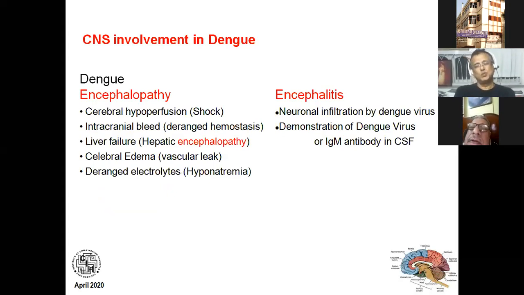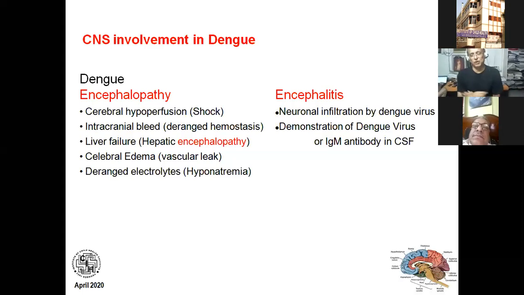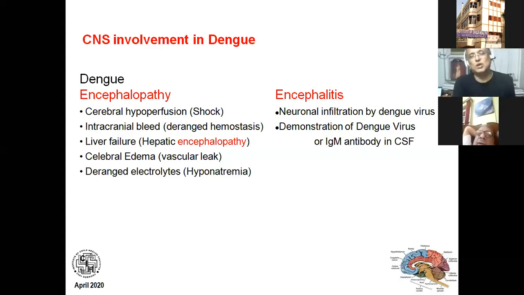There are numerous causes: cerebral hypoperfusion; because of deranged hemostasis, there can be intracranial bleed; dengue involves the liver, so there is a high chance of hepatic encephalopathy; the capillary leak causes cerebral edema; and finally, to ice the cake, dengue causes very severe electrolyte abnormality, and hyponatremia. So all these causes can lead to dengue encephalopathy rather than the dengue virus causing encephalitis.